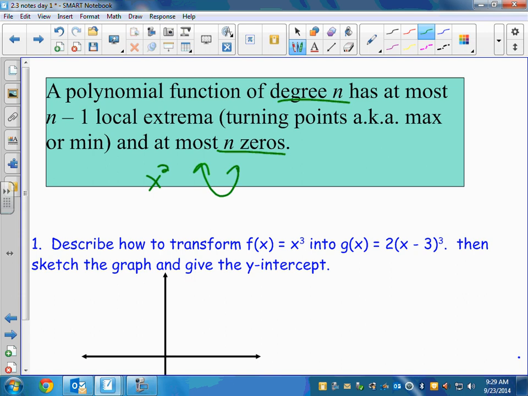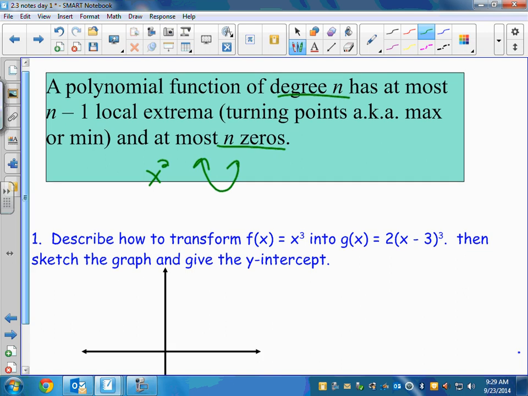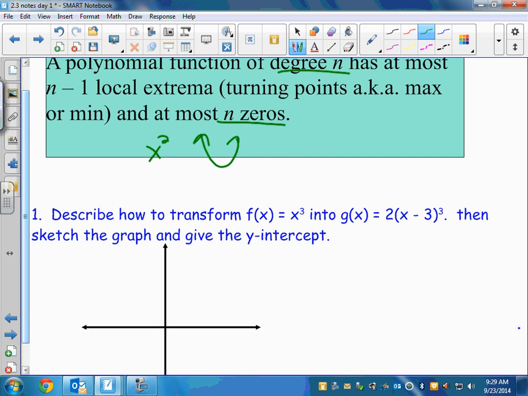And then we're just going to start here with a nice cubic graph, just because it's been a while since we graphed cubic graphs. And I think there's one on your homework like this today. Again, transformations help with every type of graph, whether you're talking about a quadratic, a cubic, an exponential, a log graph, even trig graphs that we haven't even learned yet.